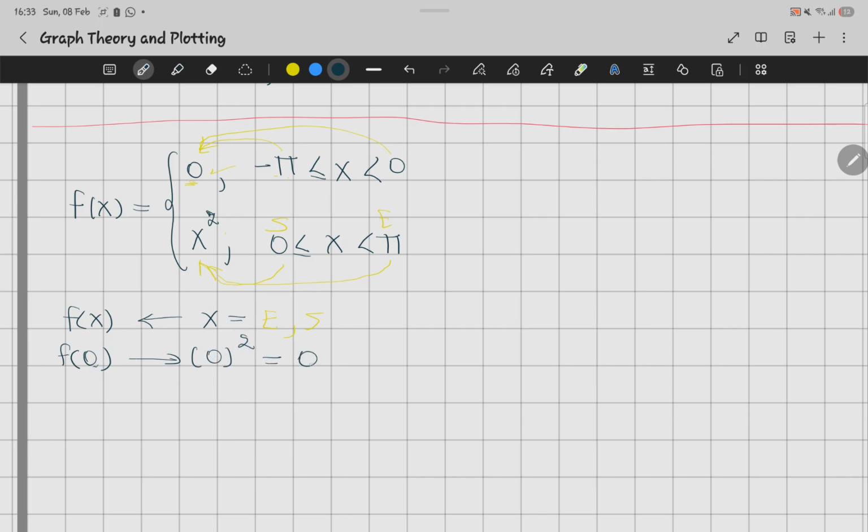So at 0 we still have 0. But let's see if we put pi. When we put pi, it will be pi squared, so this is what we're going to have as amplitude on those 2 points that you see here.